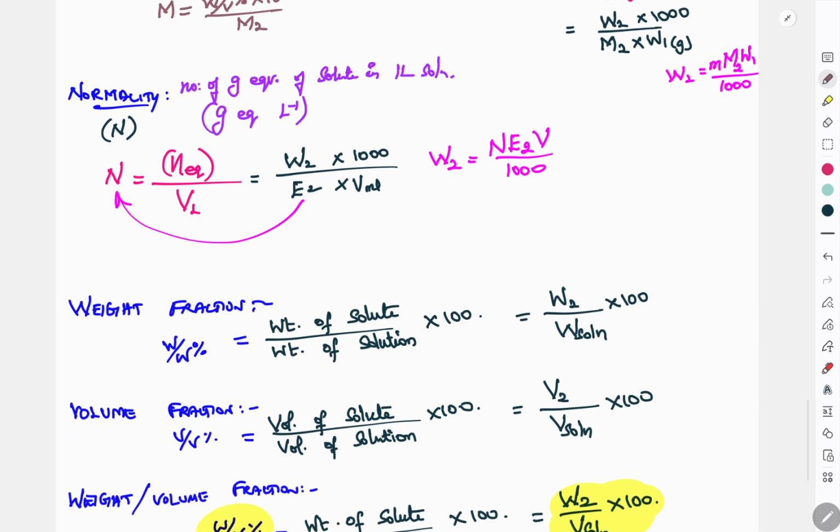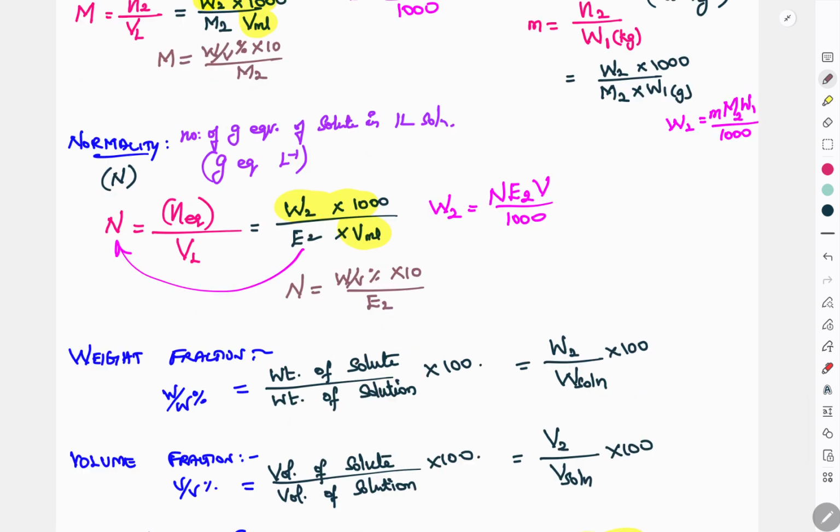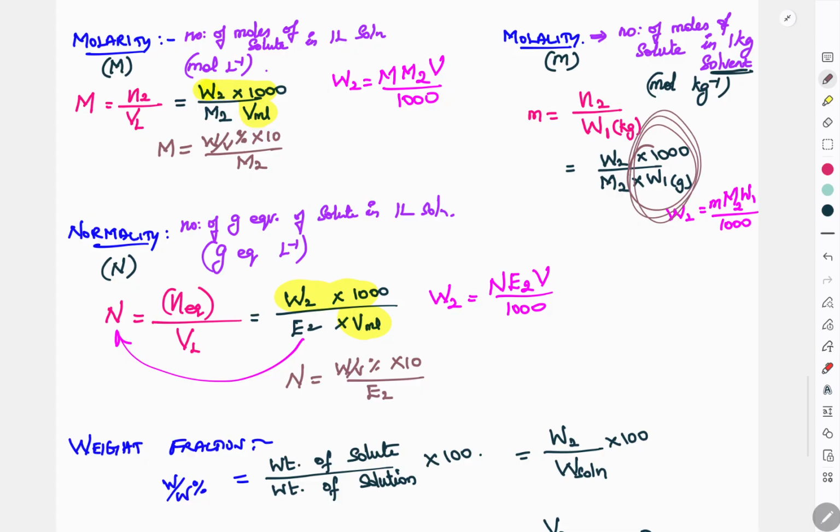Similarly, look here, W2 into 100 by V. So I can write the formula: normality is equal to W by V percentage into 10 divided by E2, equivalent weight. Here we cannot write like that because the denominator is not weight of solution or volume of solution. The denominator is weight of solvent, so we cannot use it like that.